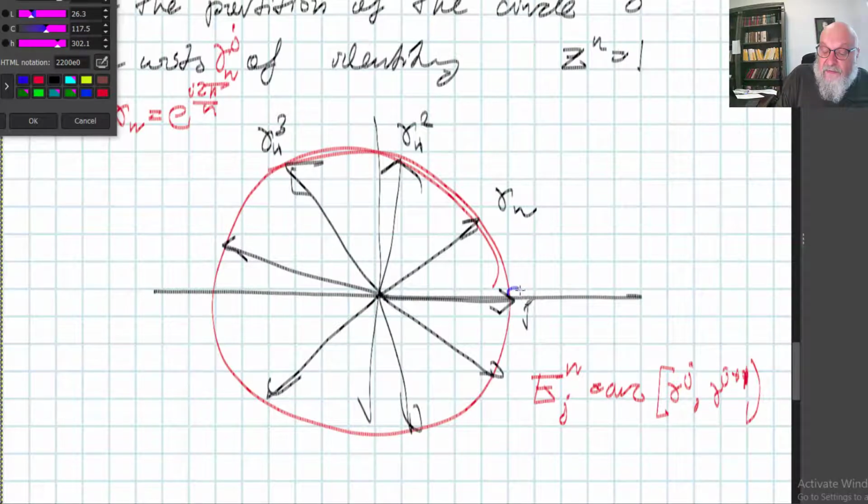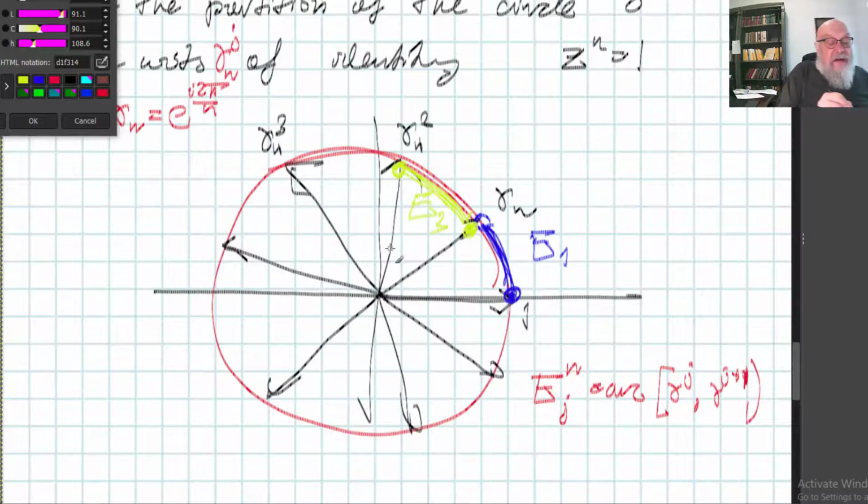Here we have the first one, closed and open, and this is this arc. That gives me E_1. Then I go to the next one, this endpoint belongs, this one does not, and this is E_2. Then the next one: this belongs, that does not, and this is my E_3. And so on. You can get it.